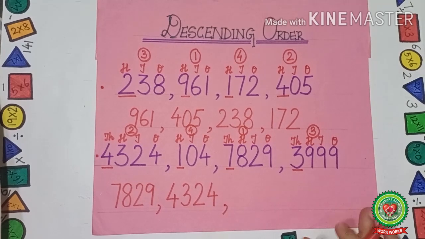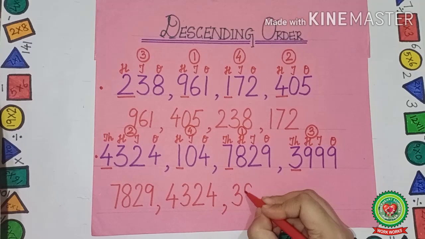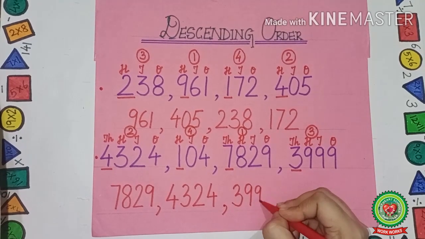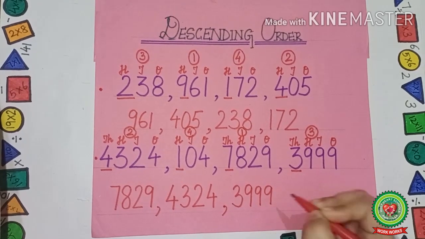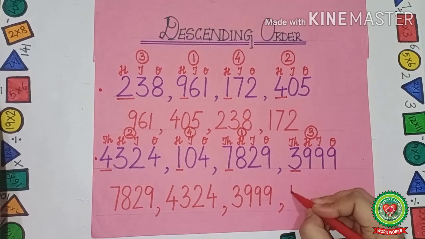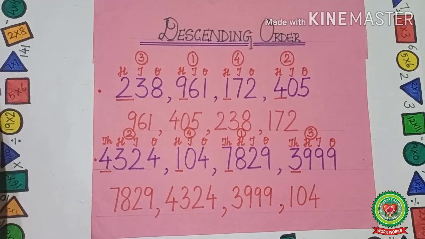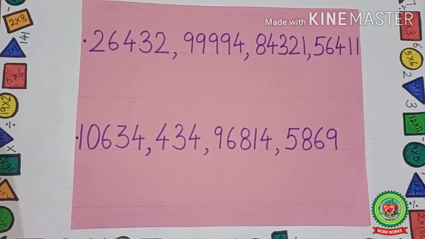What is the third one? This one. So we will write over here 3,999. And the last one is this one, number 4. So we will write over here 104. Kids, let us see the next example.